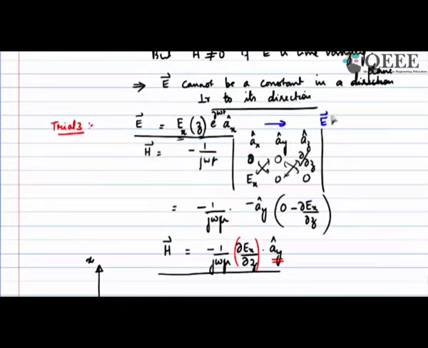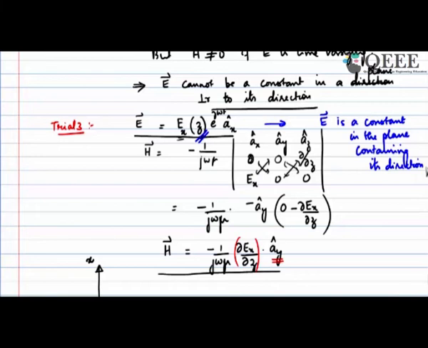Here the assumption is E is a constant in the plane, it's varying only as a function of z. It's constant in the plane containing its direction.